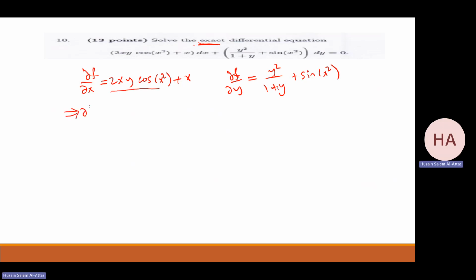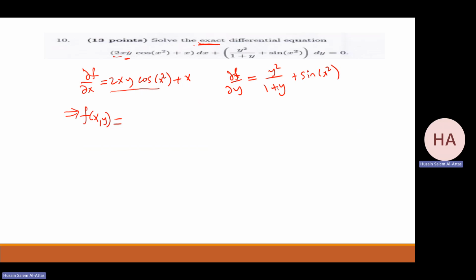Be careful. Partial f with partial... no, I need to integrate. So f of x and y will be what? Y I can take as a constant.